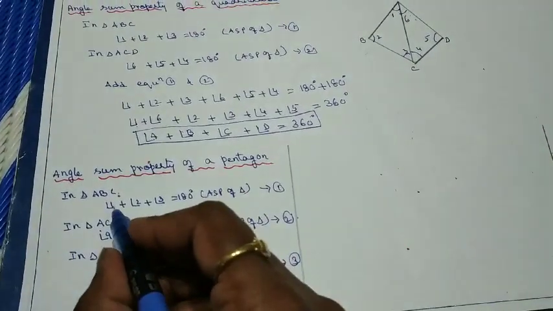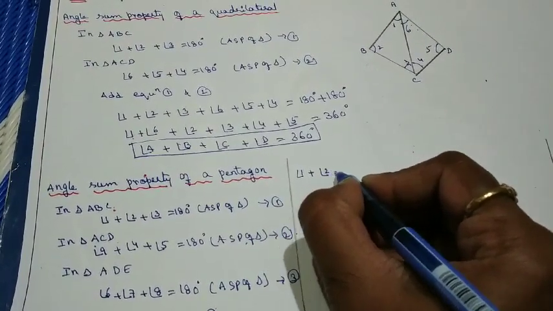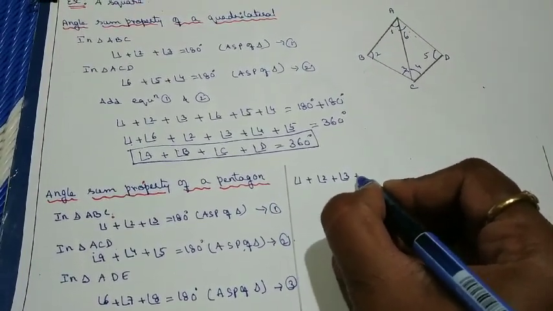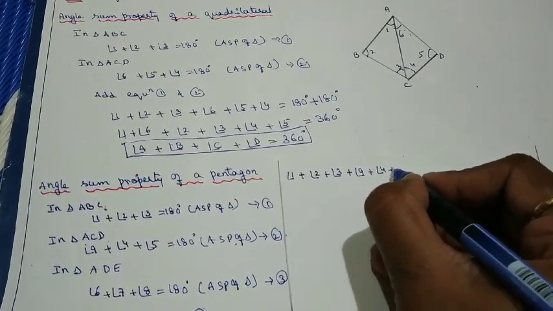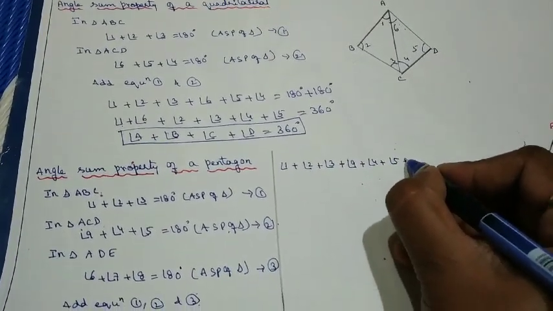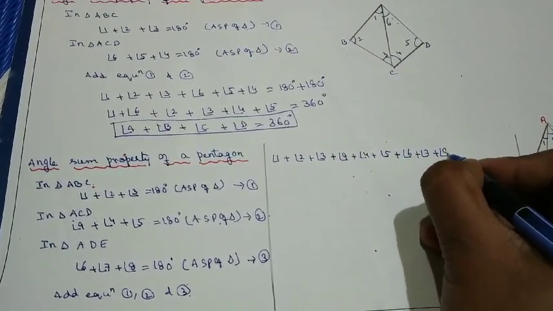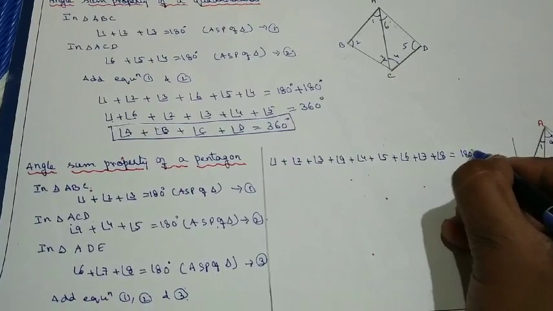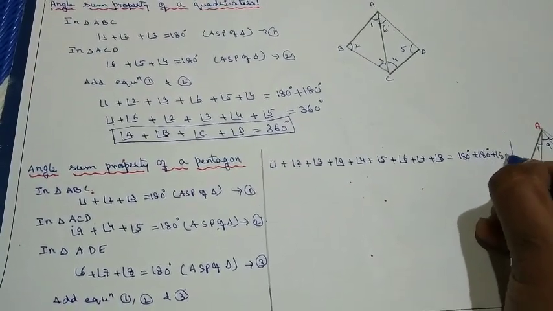On the left hand side of the equation we have angle 1 plus angle 2 plus angle 3, and in equation 2 we have angle 9 plus angle 4 plus angle 5, and then angle 6 plus angle 7 plus angle 8. So 180 degree plus 180 degree plus 180 degree.